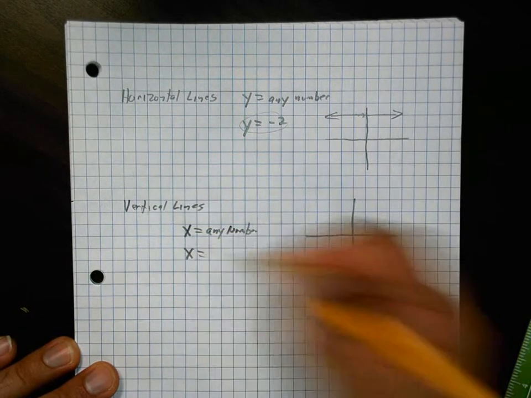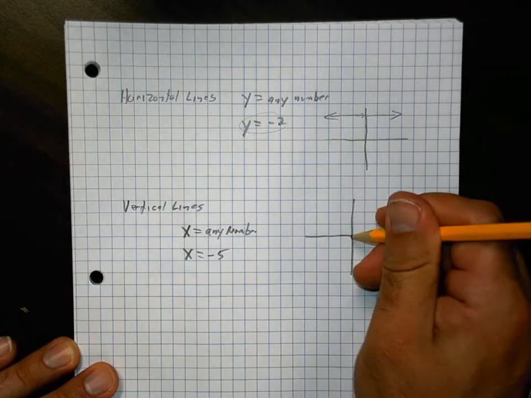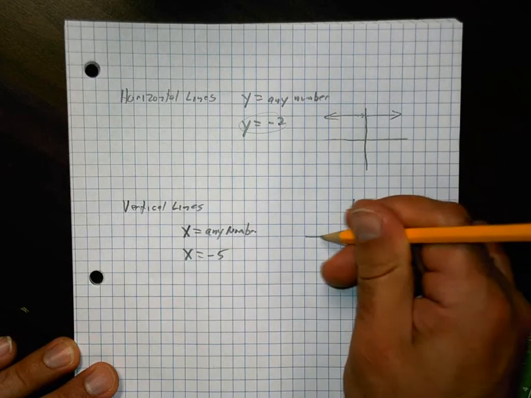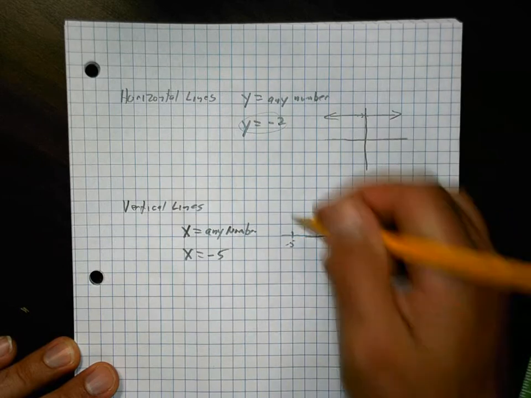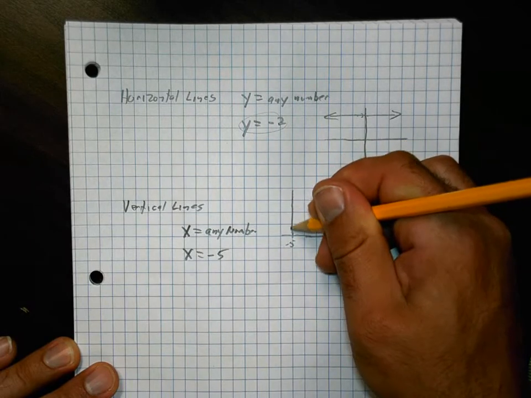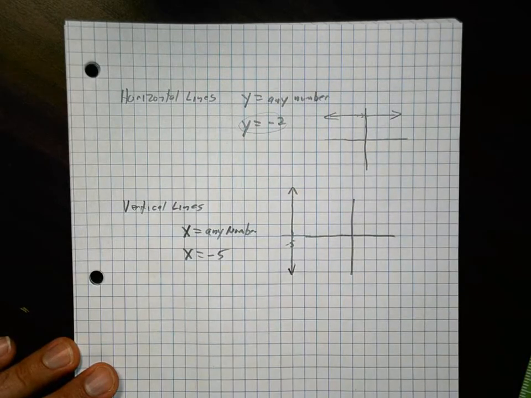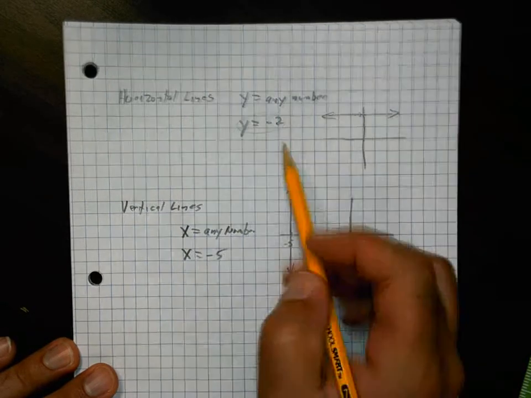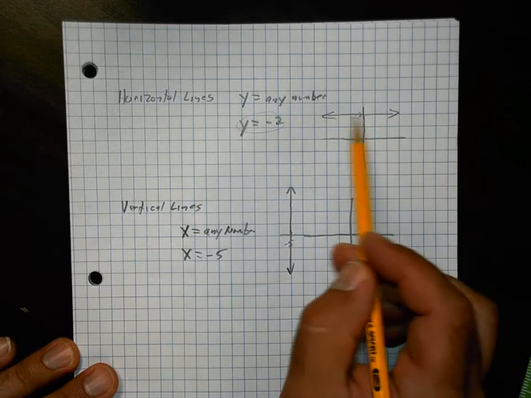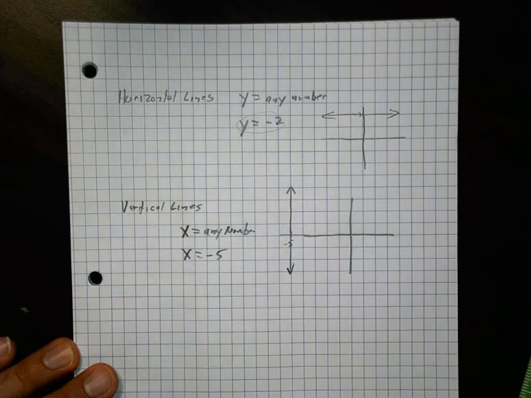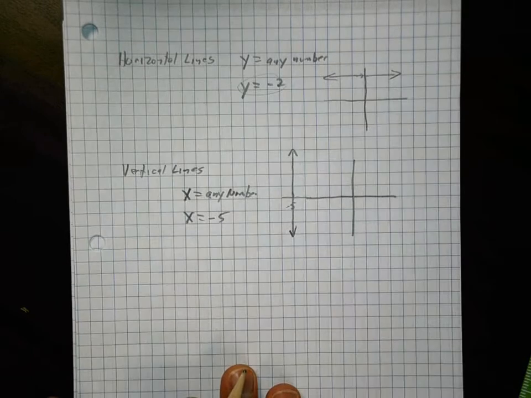For example, if I got x equals negative 5, I go over to where x is negative 5, which would be right here. x is negative 5 everywhere on this vertical line, so I can graph that as a vertical line. Back up to this one, y is negative 2 everywhere on this line. Doesn't matter what x is because x is not part of the equation in that case. Those are a couple special cases that you might see.